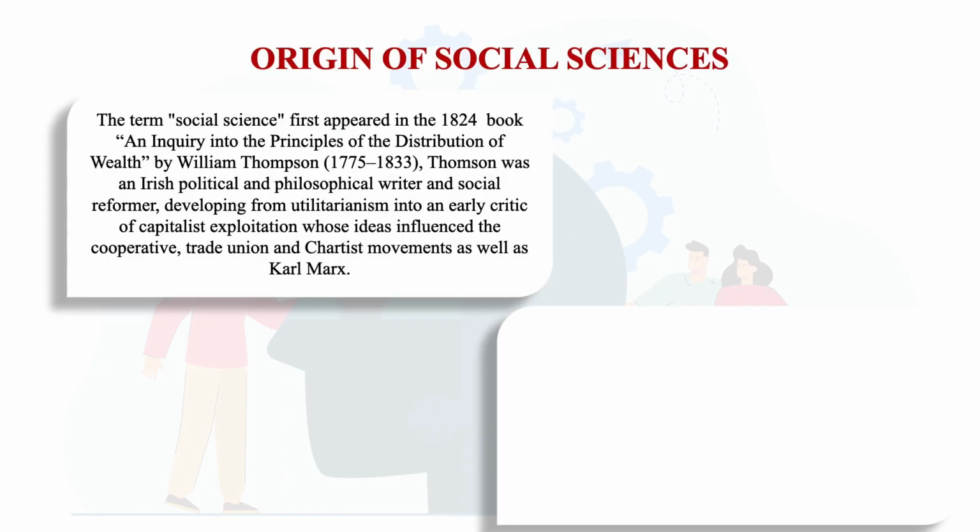The term social science first appeared in 1824 in a book called An Inquiry into the Principles of the Distribution of Wealth by William Thompson. William Thompson was a very renowned Irish political philosopher, and he was critiquing society from the point of view that the capitalist society has its own limitations, and he was critiquing utilitarianism.